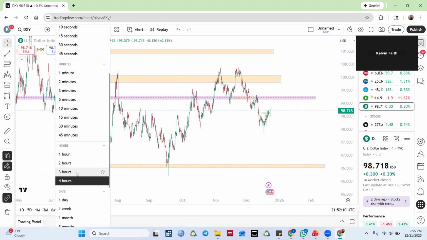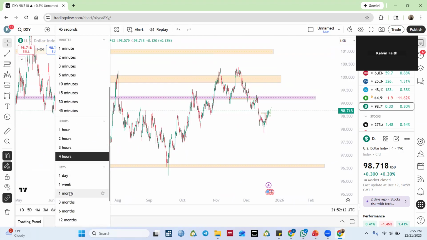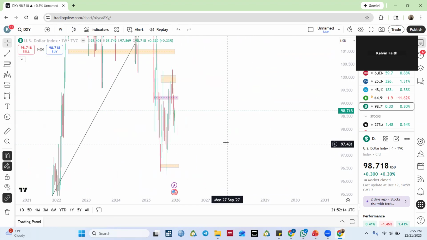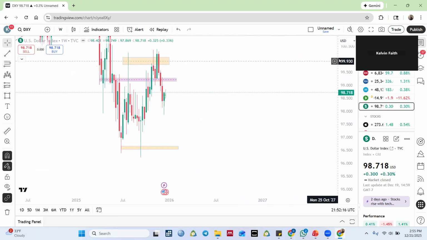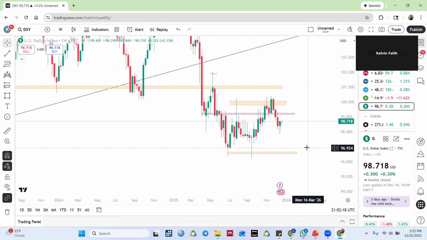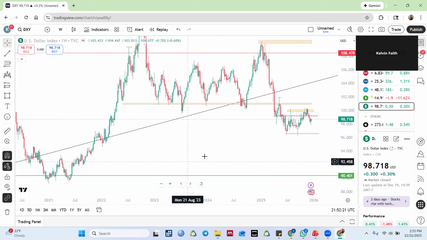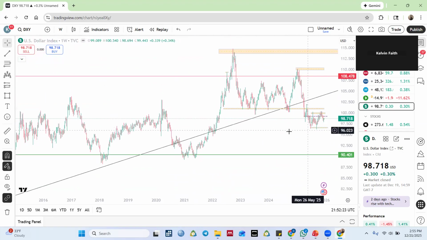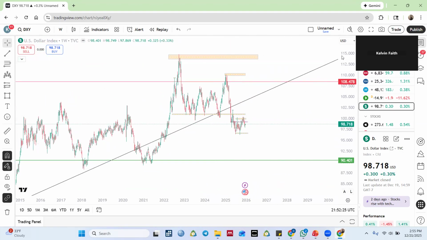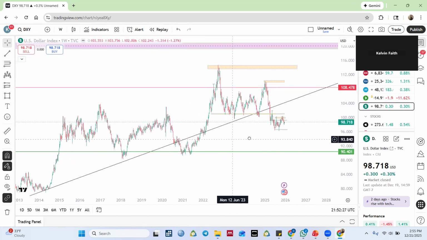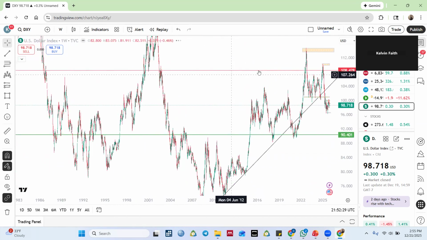Let's go to the weekly time frame. Weekly time frame on the dollar index. From last week, we analyzed that this pair is bearish.